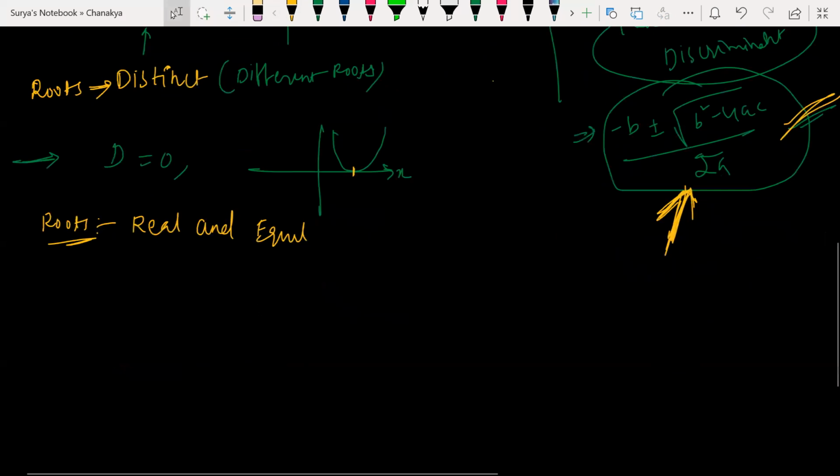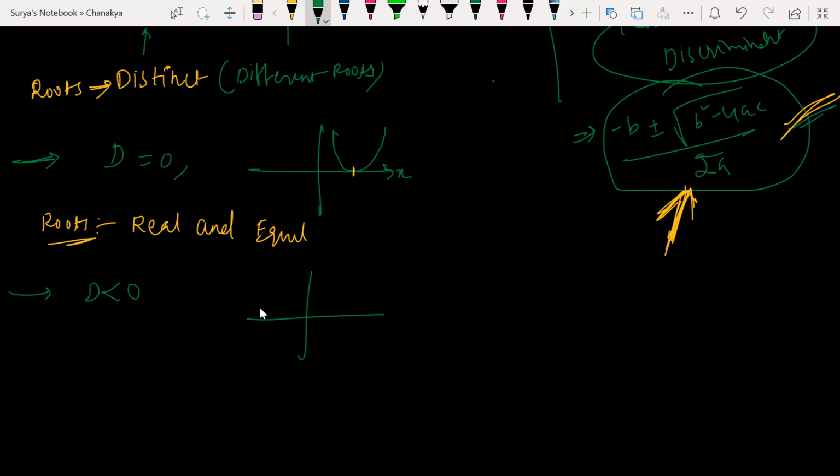अगर discriminant greater than 0 है तो distinct roots होगा. अगर discriminant less than 0 होगा तो ये पैराबोला क्या करेगा?